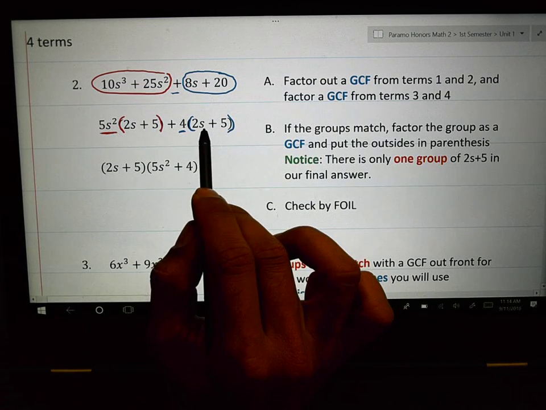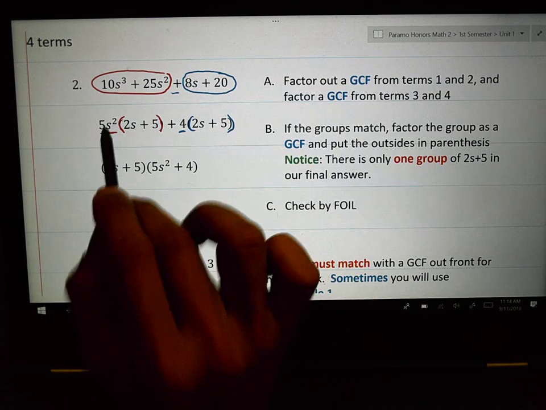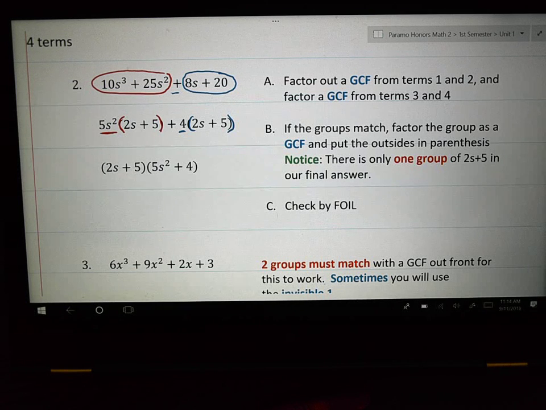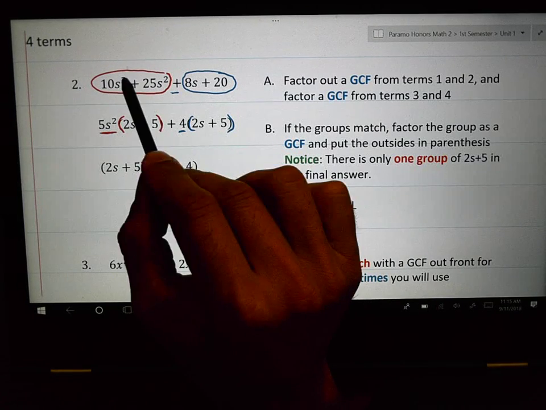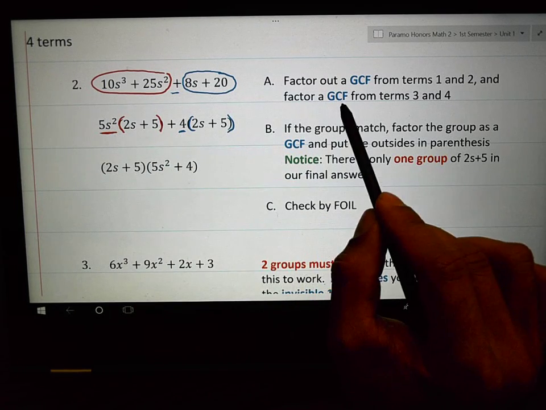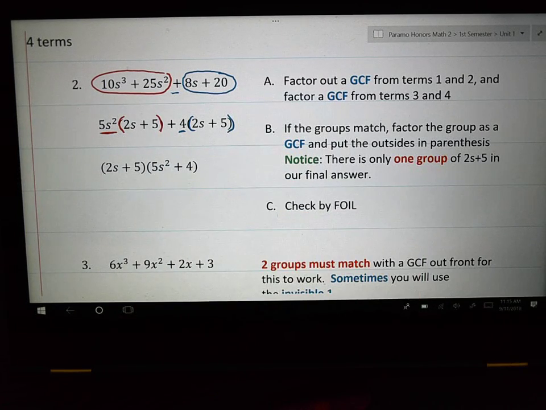This blue group is still being added to that red group, and it's not all multiplication. What we've done with the red step and the blue step is we've done step A, which is factor out a GCF from the first 2 and factor out a GCF from the 3rd and the 4th.